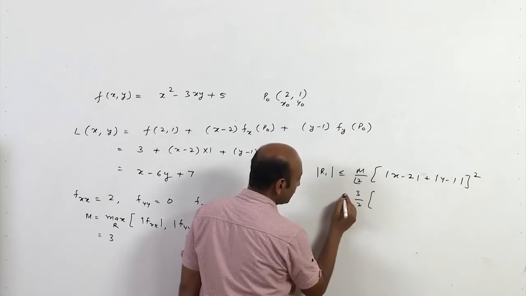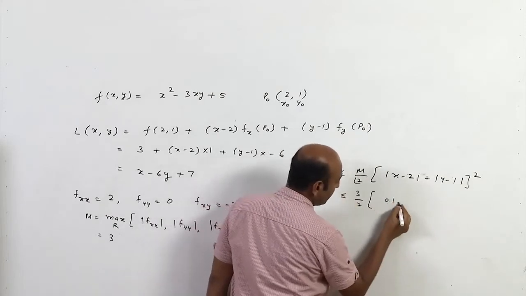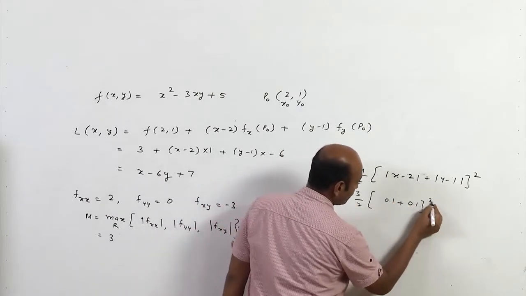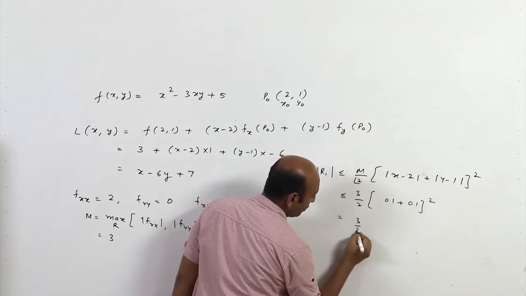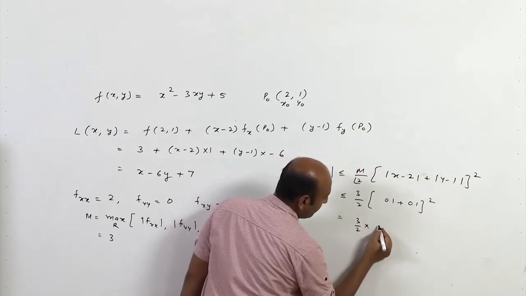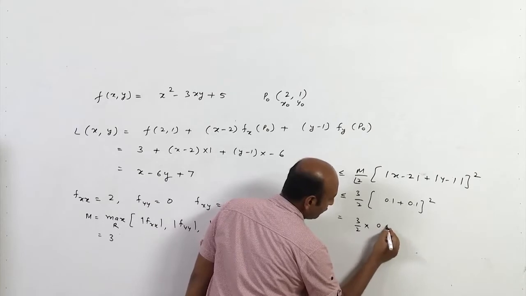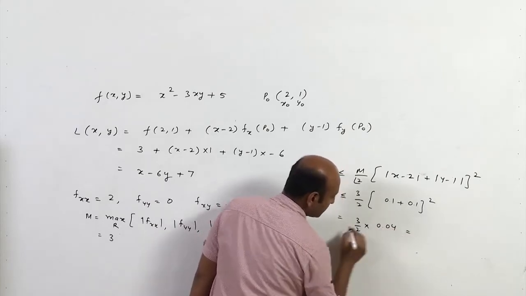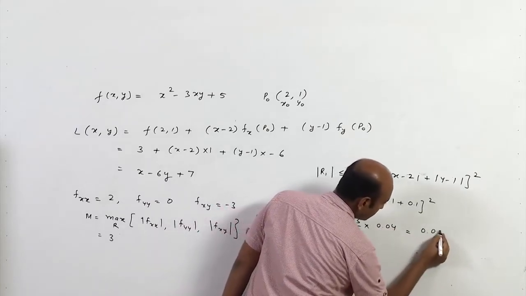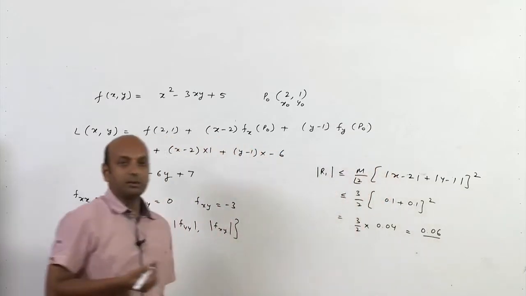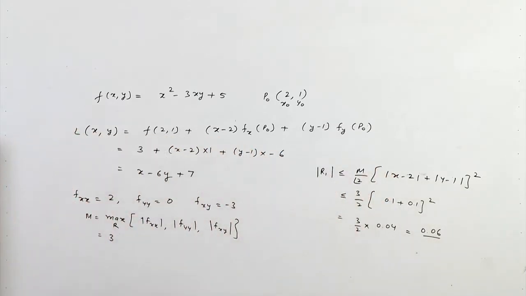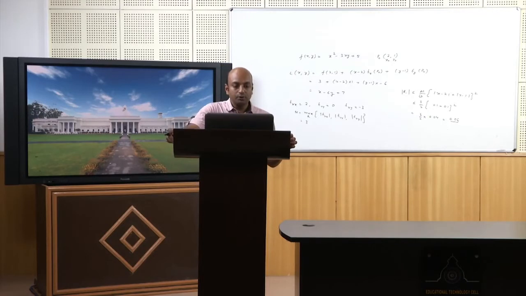So, this will be less than or equal to (0.1 + 0.1) whole square. So, this is 3 by 2 into 0.2 square, that is 0.04. So, this will be simply 0.06. So, the bound of the error is 0.06. So, similarly we can solve second problem also.